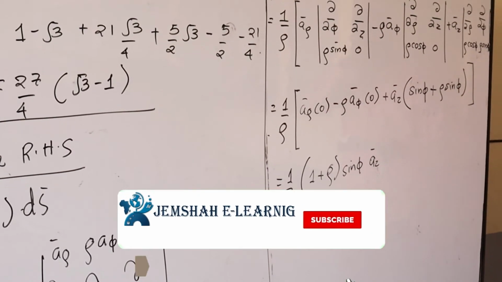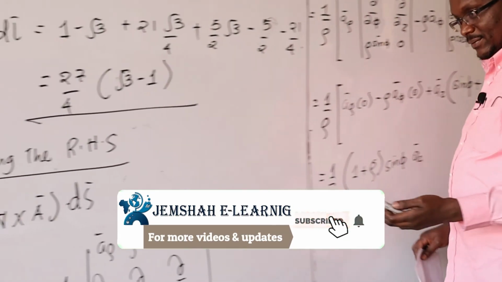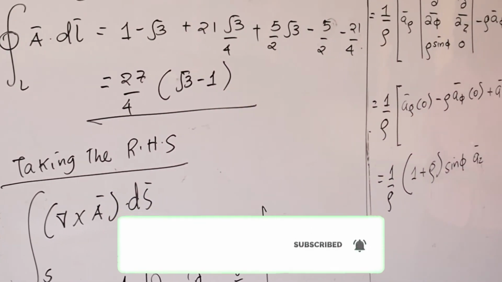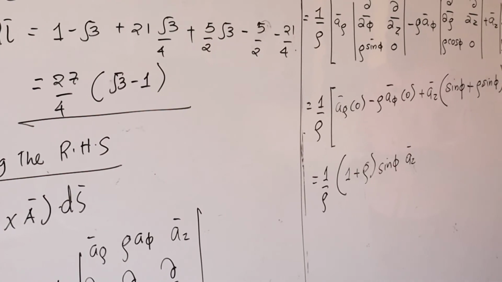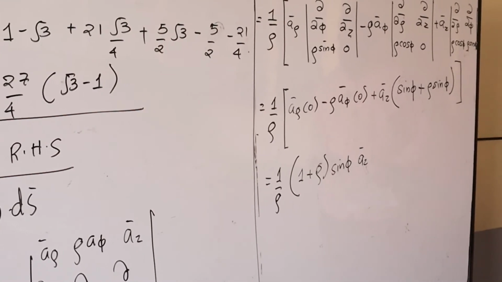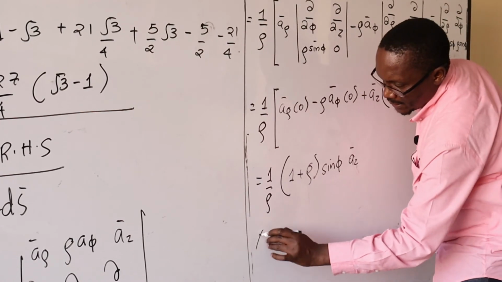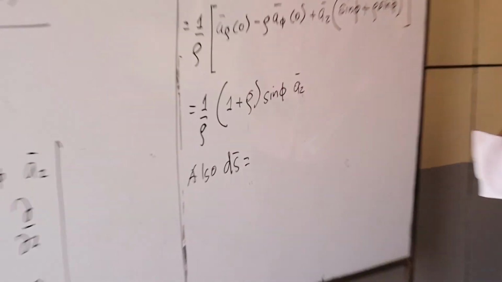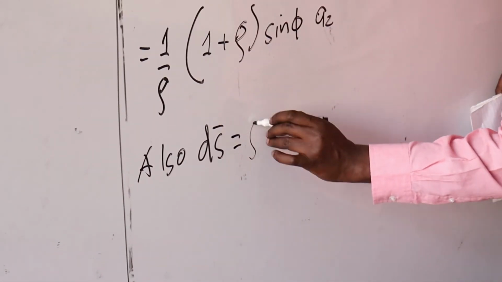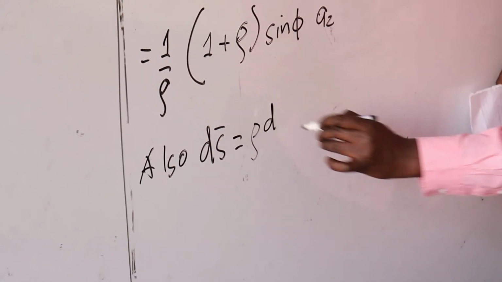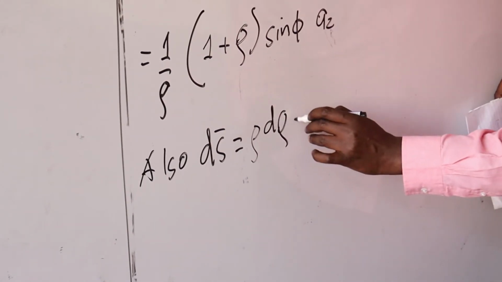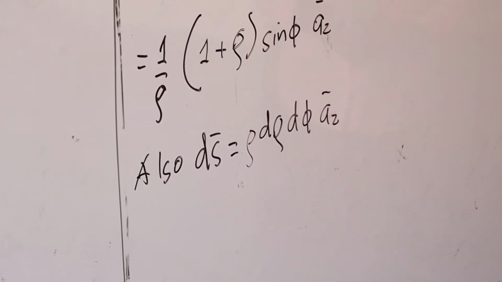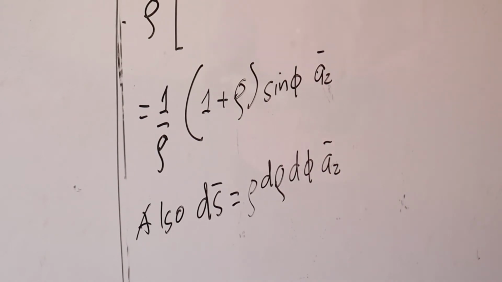Then now it's very important that we get ds from what we had done, the differential surface, ds in the az direction. So what is going to be our ds in the az direction? ds bar, in the az direction, must be rho d phi in the az direction.